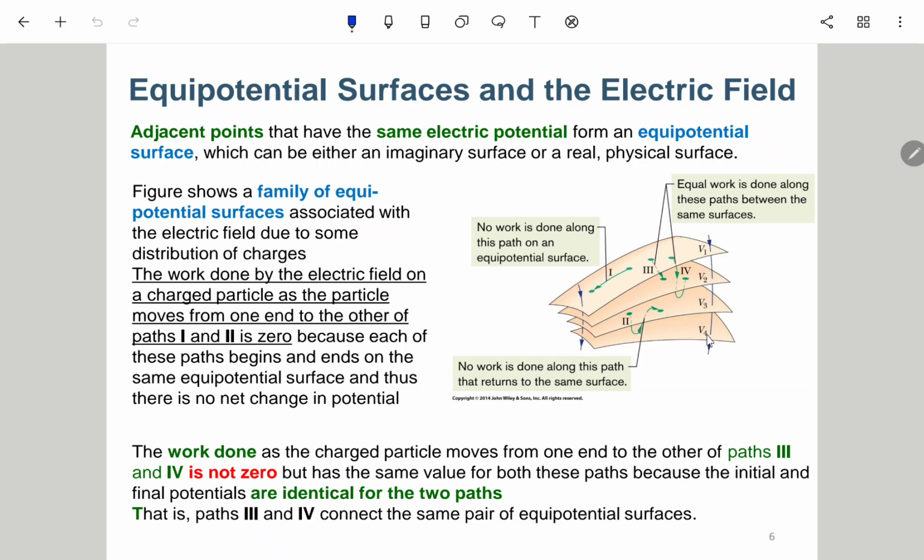Okay, and actually I think these are the electric field lines. Actually, the electric field line must be perpendicular to the equipotential surface. You may say the equipotential surface is a curvature, not a plane.